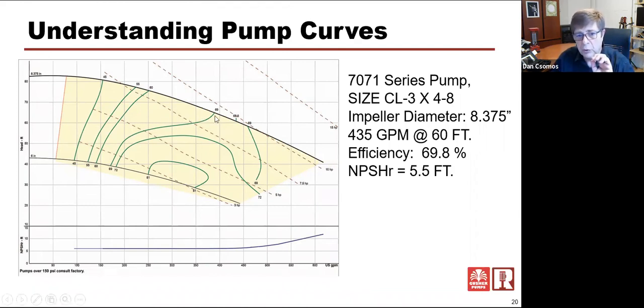Again, if you knew that you're reading amperage at about 7 amps at 460 volts, that's roughly about 8 horsepower, right? So you should be running somewhere in this ballpark.